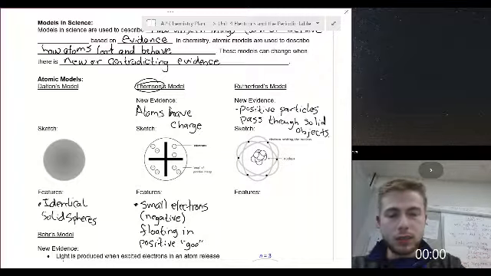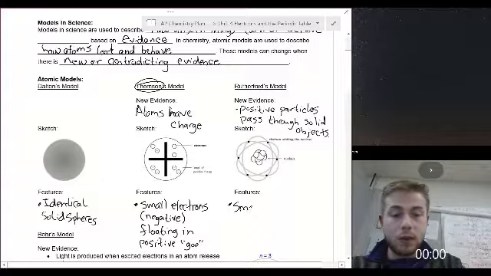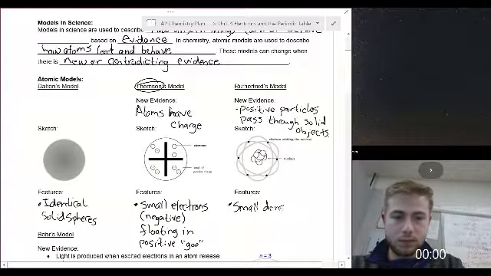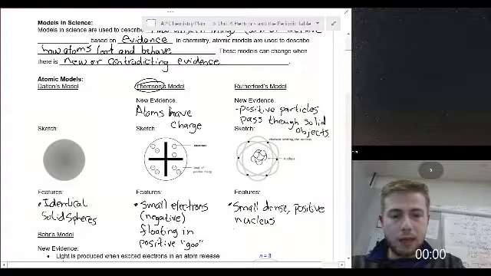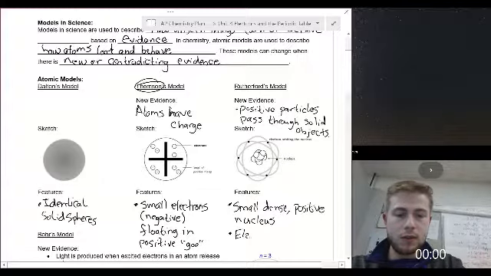So the features here: small, dense positive nucleus, and electrons orbiting the nucleus.